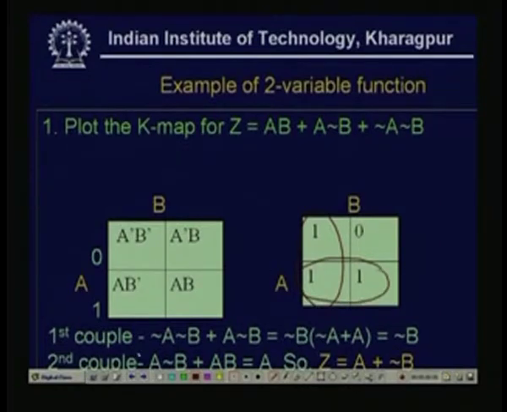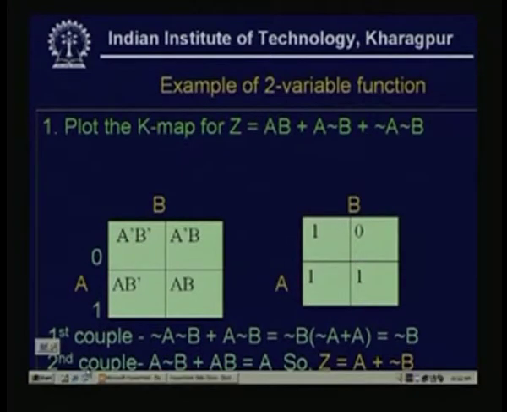The first couple will be a bar b bar plus a b bar, and that will be nothing but b bar, which represents the first column. Similarly, the second couple is nothing but the second row, a. So, this is reduced to a plus b bar. Last day we have seen that.